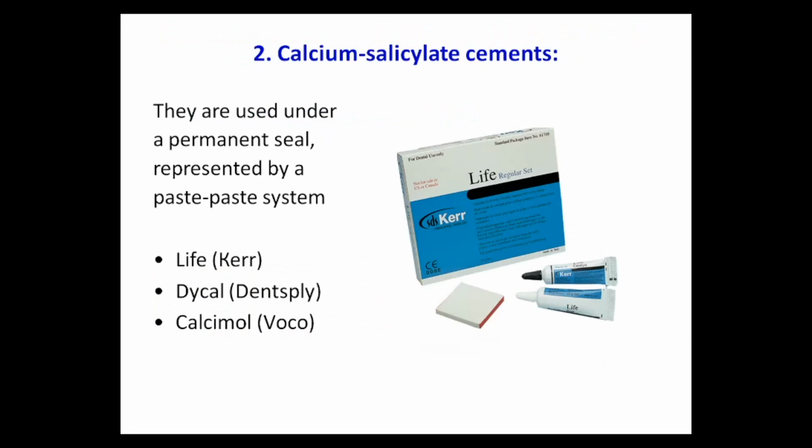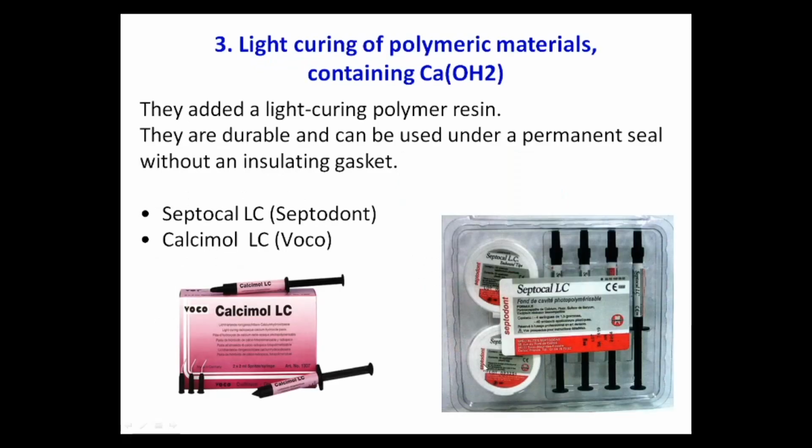Next, calcium salicylate cements like Life, Dical, Calcimol and others. They are used under a permanent seal and represented by a paste-paste system, two pastes which are mixed and applied on the bottom of the caries cavity.